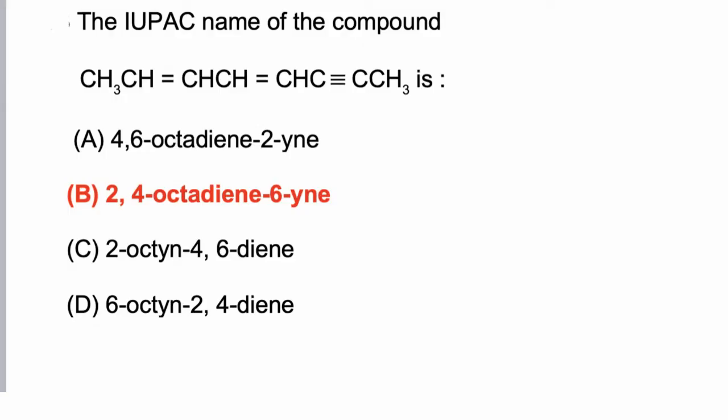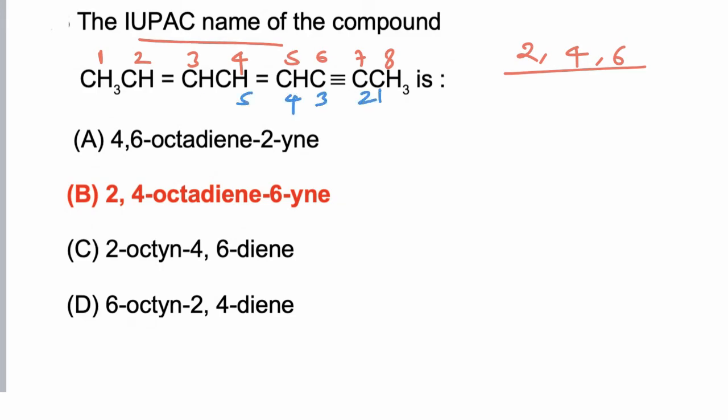In this question we have to identify the correct IUPAC name for the given compound. Now according to the lowest set of locants rule, numbering can be done from either side. The set of locants is 2, 4 and 6 if numbering is done from the left side, and if numbering is done from the right side, then the set of locants is again 2, 4 and 6.